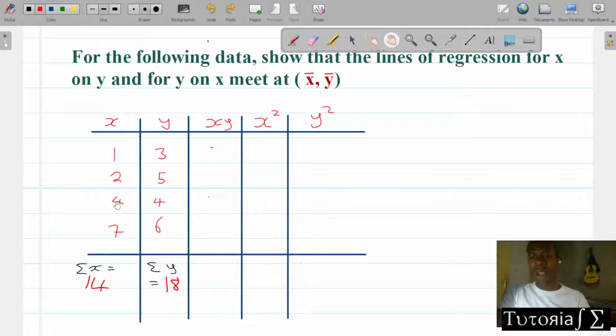In this column, we have the values of x: 1, 2, 4, 7. We have y here: 3, 5, 4, 6.